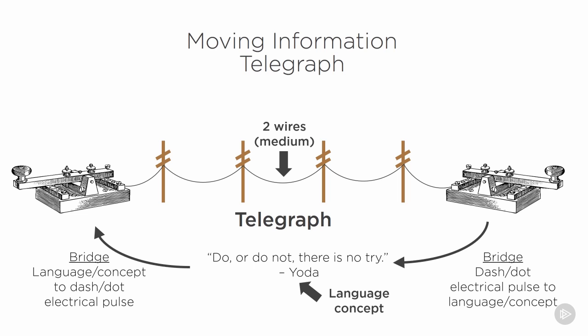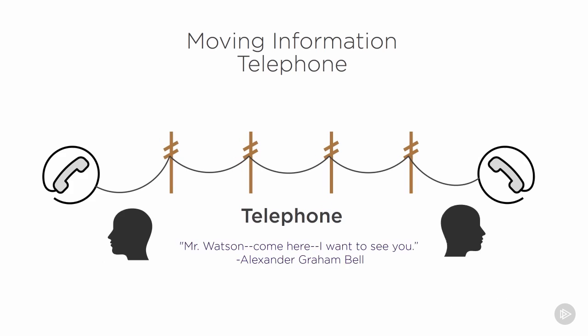This conversion from the concept in English to a completely different system of communication so that we can send messages over two wires instead of through the air or on paper, this is kind of the birth of data networking. Being able to convert a message from one language into another language, transfer it across some wires, and convert it back again.